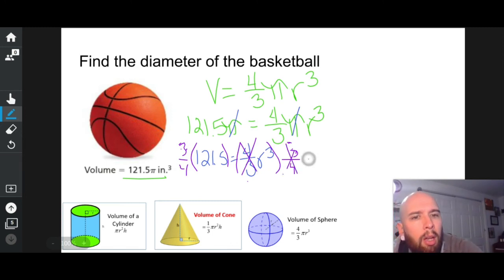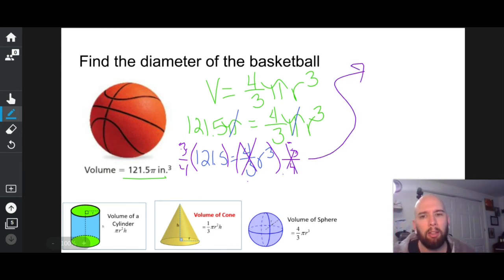That crosses out. I'm going to put what I have up here because it's getting sloppy and I'm running out of room. What is 3/4 times 121.5? The answer is 91.125.